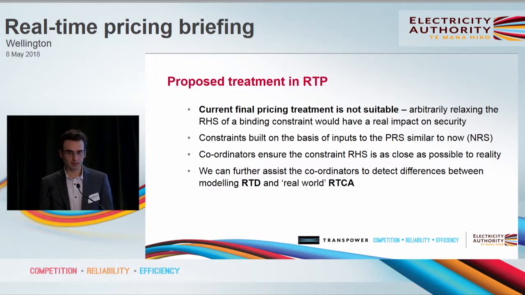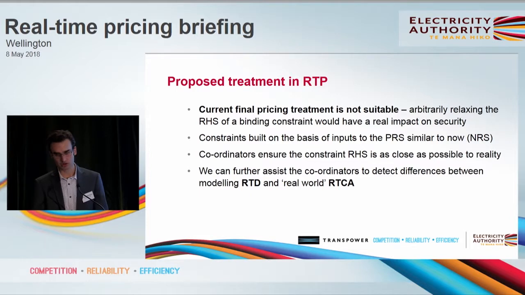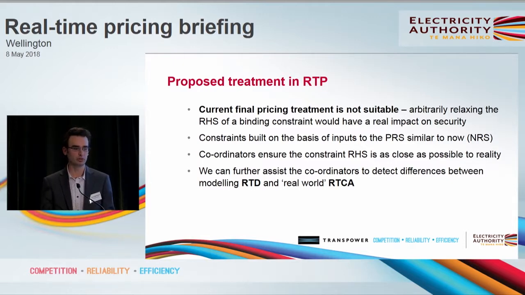So as I've stated before, the current treatment for what we do in final pricing for high spring washers obviously isn't suitable. We simply don't have enough time to go and take a case, analyse it, apply a correction, and put it back into dispatch. And even if we did, we wouldn't want to do that because our dispatch solution is our best estimate of system conditions at the time.